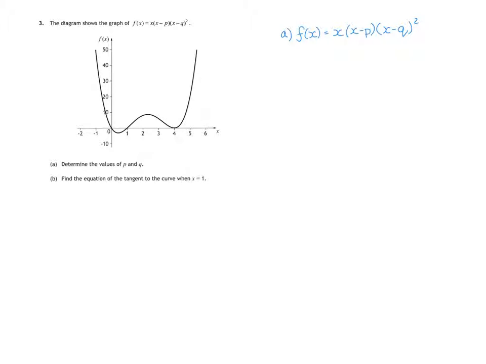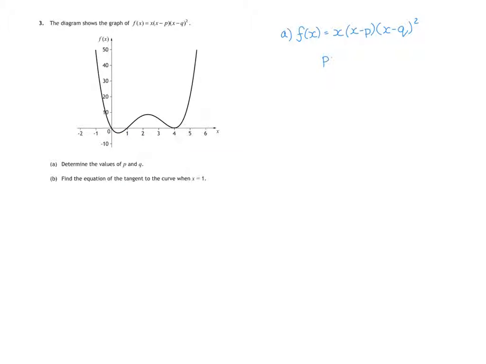So we know that our roots, if we set it equal to 0, are where it crosses the axis. So this first x is this root here. And then here we're crossing, so it is not a repeated root, so that's where our p is going to be. So it crosses at 1, so we know that p has got to be 1.